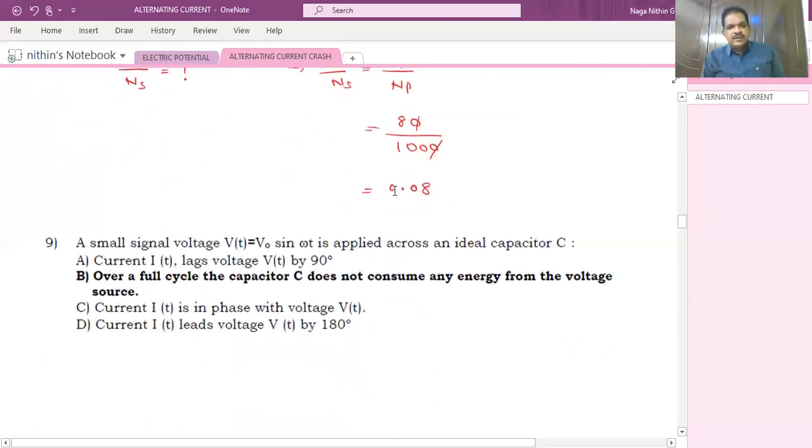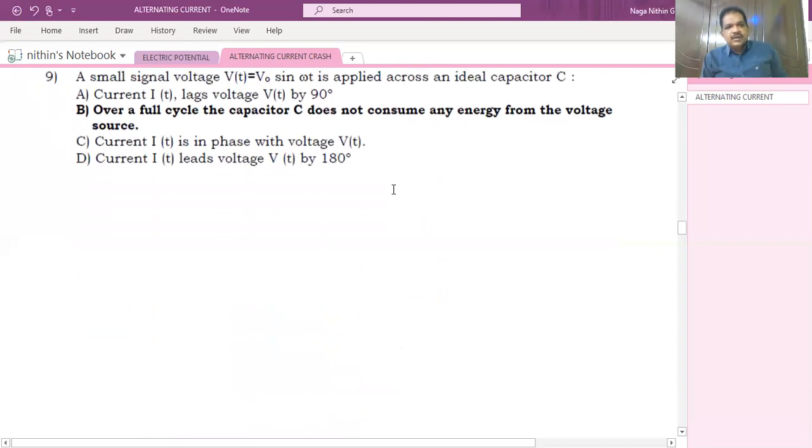Okay. See the ninth question. A small signal voltage V is equal to V naught sine omega t is applied across an ideal capacitor C. So in a capacitor, when an AC source is connected to the capacitor, what will happen?